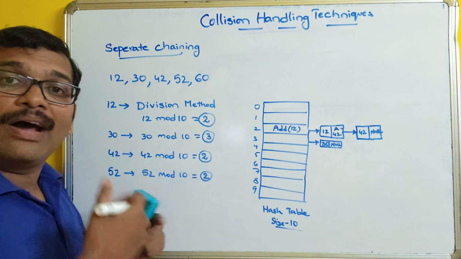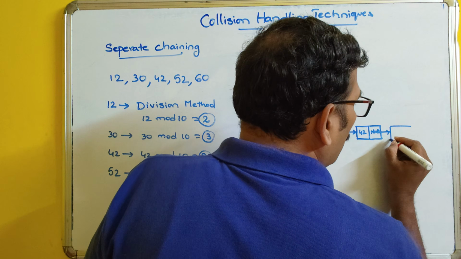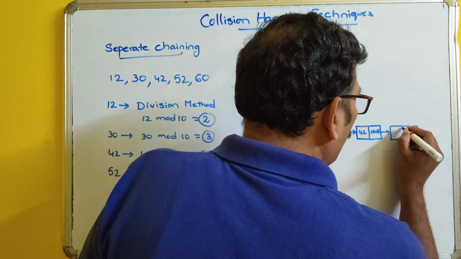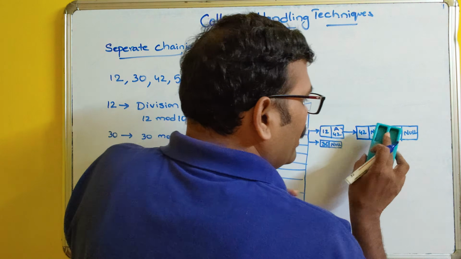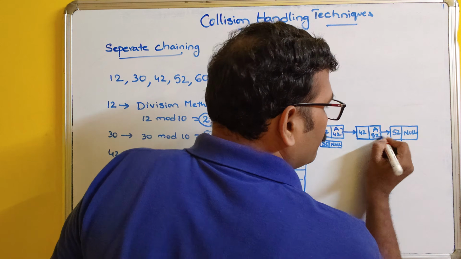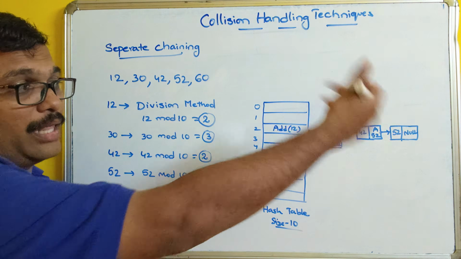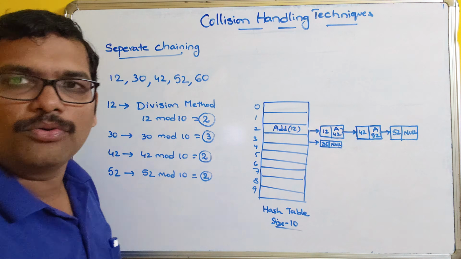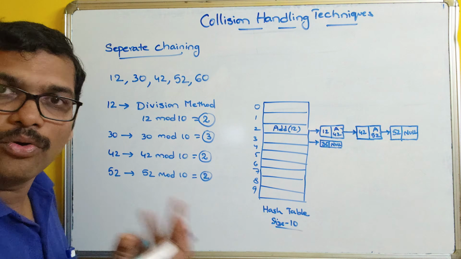So insert one more node here with an element 52 and null, and link it from the previous node with the address of 52. The last node address will be null, because it doesn't point to any other node, right?